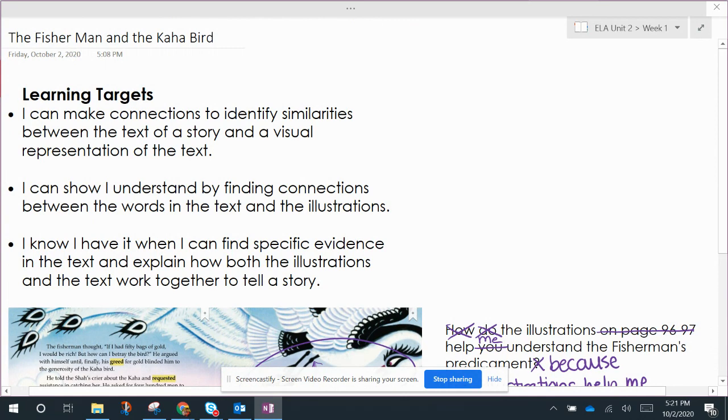So let's go back to our learning targets. I can make connections to identify the similarities between the text of a story and visual representation. Our visual representation in this story is the illustrations. I can show I understand by finding connections between the words in the text and the illustrations.